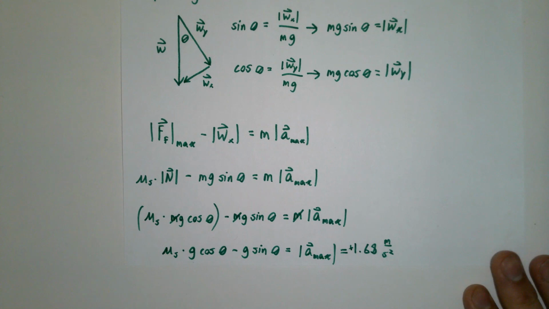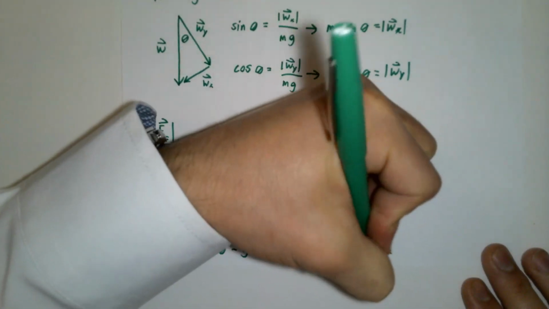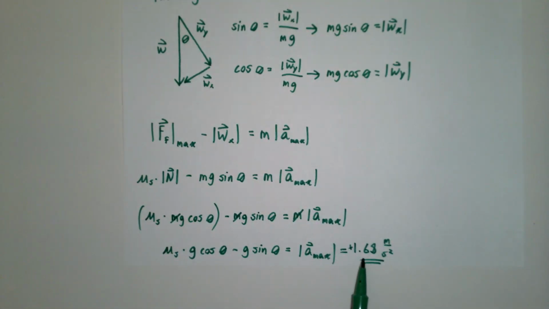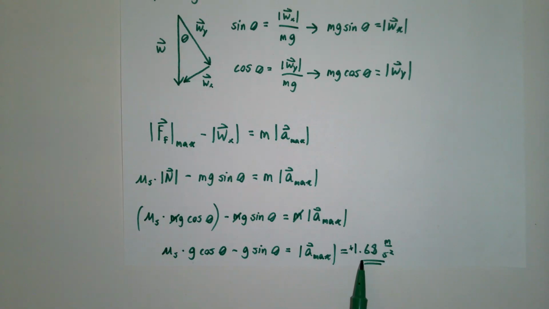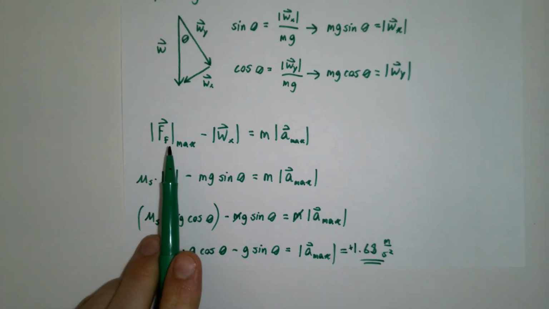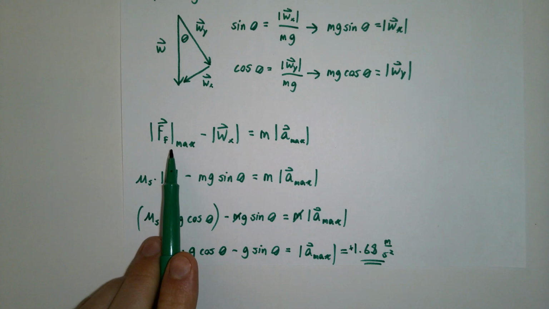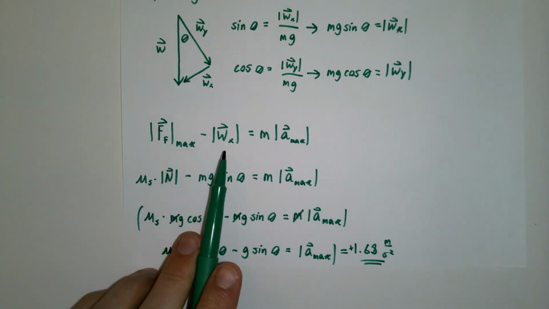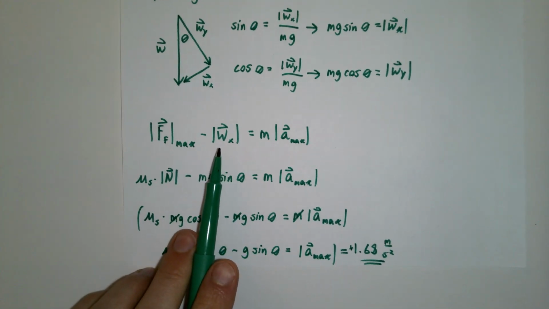In other words, if our truck accelerated any faster than this, say for example it accelerated at 1.7 meters per second squared, then the frictional force would not be sufficient to both overcome the weight due to the incline of this hill, right?